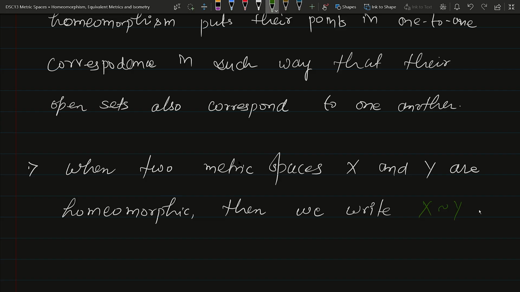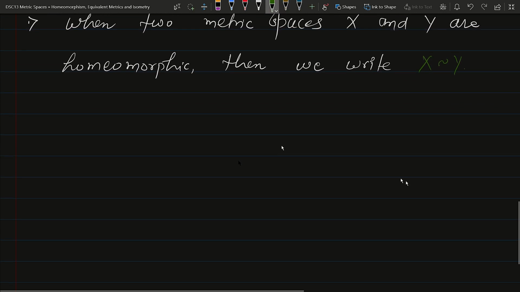Now you can see if we identify this as a relation, then this relation is an equivalence relation. Let me write this one.